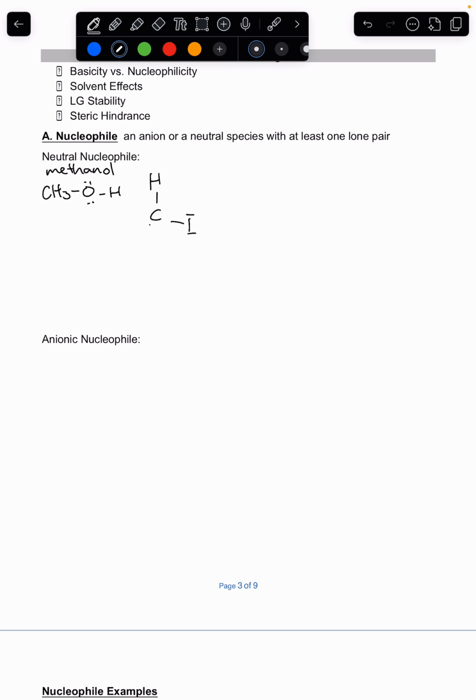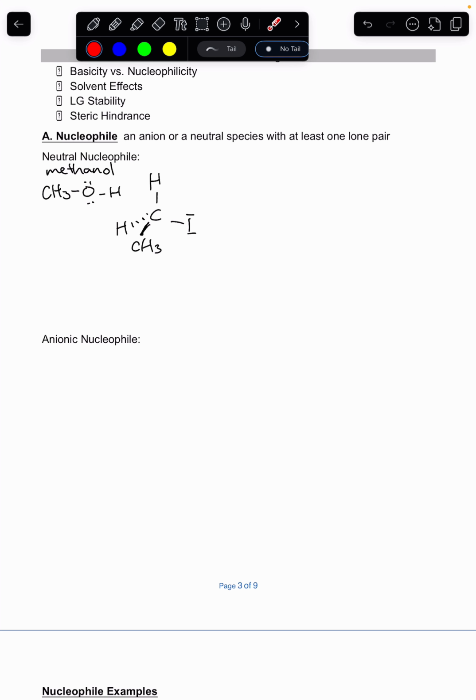Methanol arguably is a little bit nucleophilic, at least. Why do I say that? Well, because it does have an atom with some lone pairs on it. And this is a good electrophilic substrate, because you've got a halide pulling on the electrons.